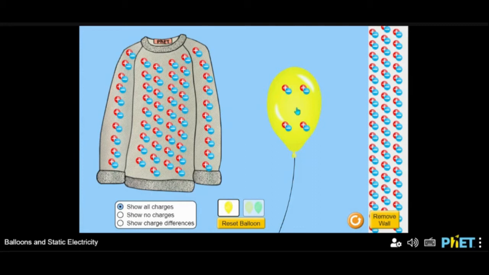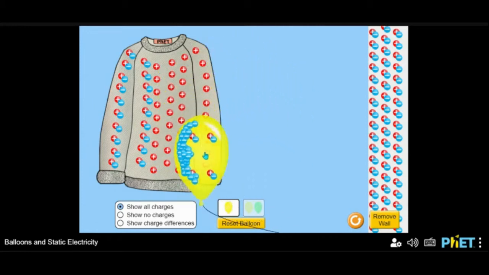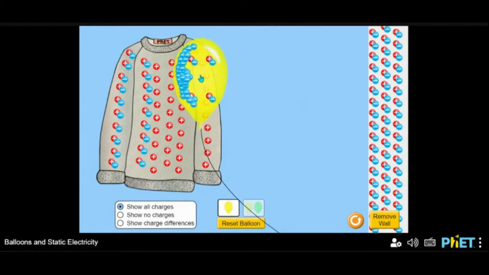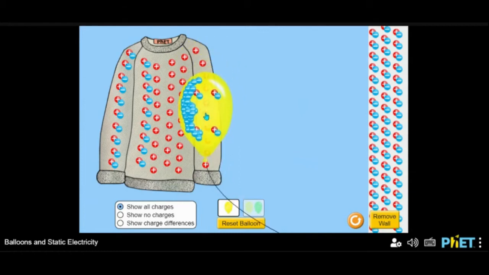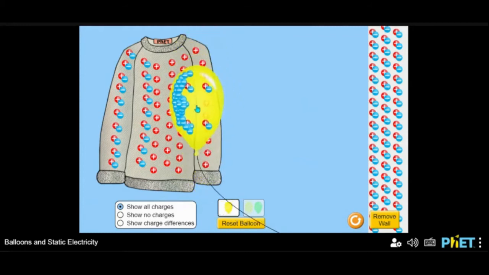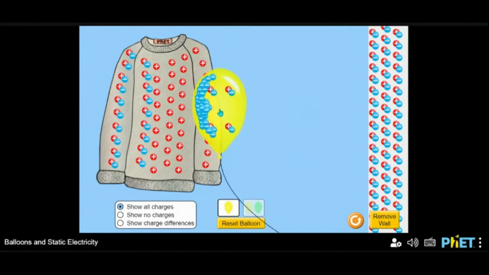Now, if I rub this balloon on the sweater, what will happen? The balloon collects the electric charges, the electrons, from the sweater.